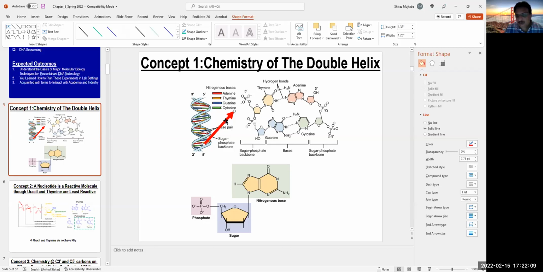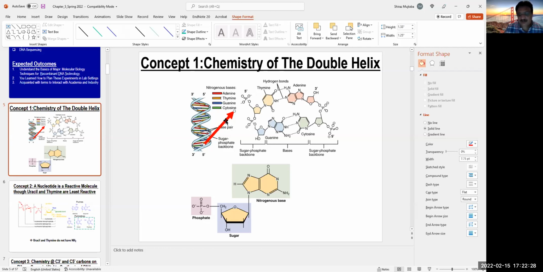Breaking is essential because if the DNA always stays double-stranded, it will be difficult to perform replication or to generate mRNA or any other RNA.